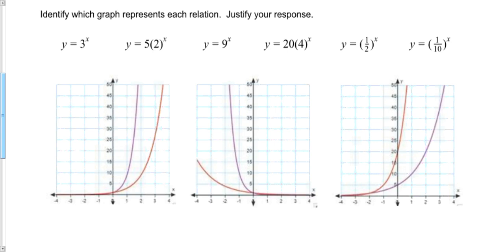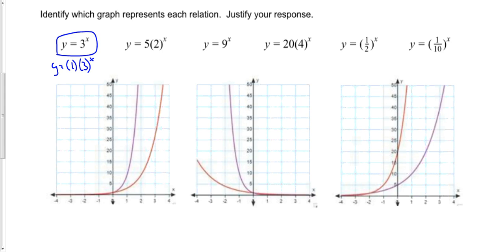We've got y equals 3 to the x. So I know right off the bat that the a value is 1. This could also be written as y equals 1 times 3 to the x. So my a value is 1, which means it has to be one of the two graphs on the left-hand side.